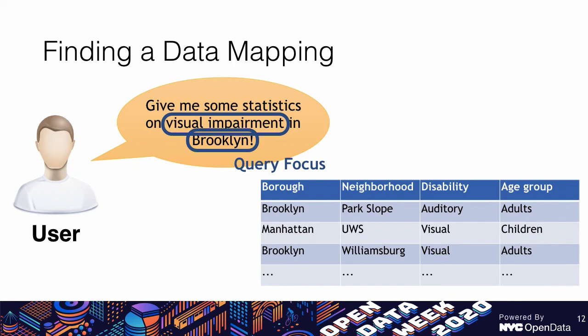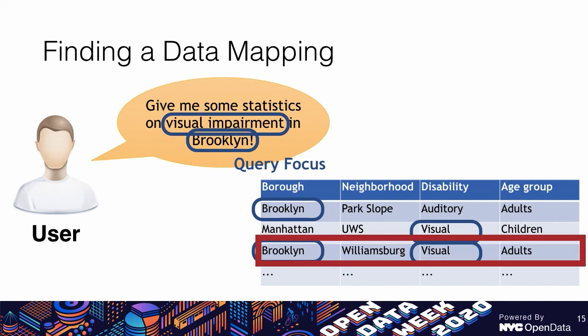For instance, we restrict the borough to Brooklyn, and we restrict the type of disability to visual. And for the user, all the rows are interesting, which satisfy all of those conditions. In this small-scale example, that would only be one single row, which talks about Brooklyn and about visual disabilities.